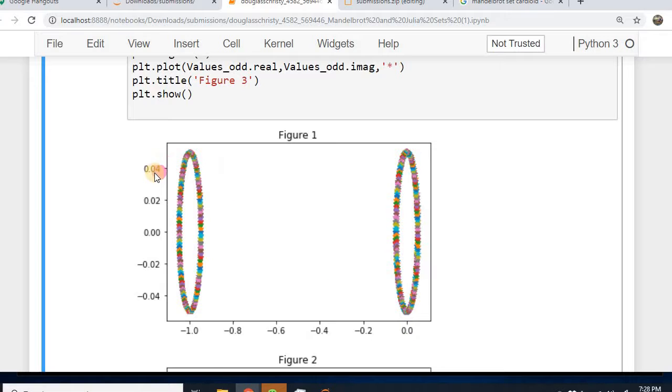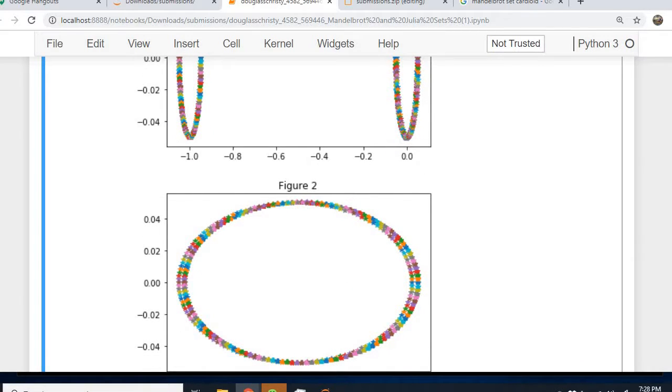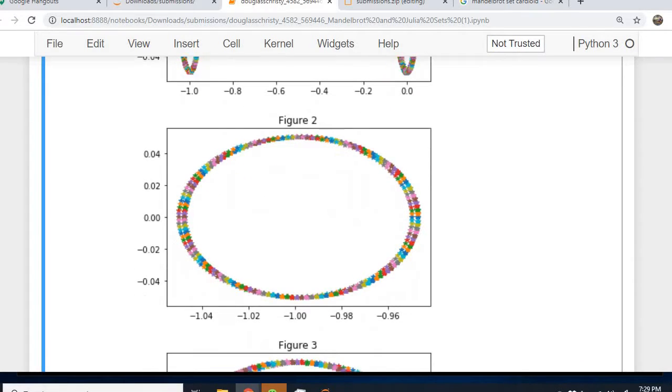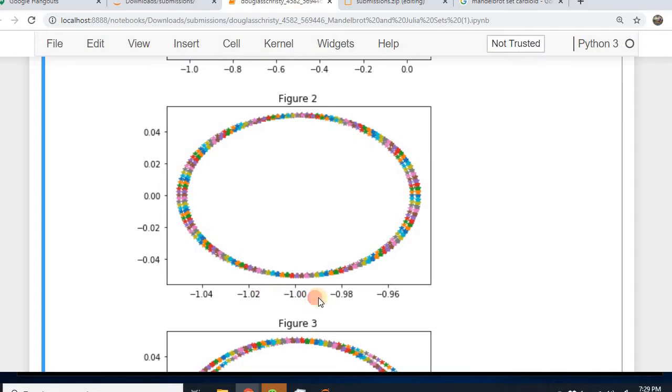This here is 0.04 and -0.04. So this vertical scale is very squished down, and this is a very long distance. But these points, if you look here, where did the other circle go? Well, look at the scale here. This is just near -1.